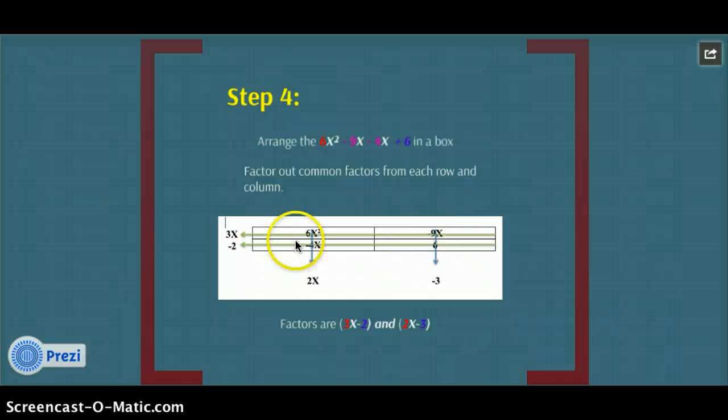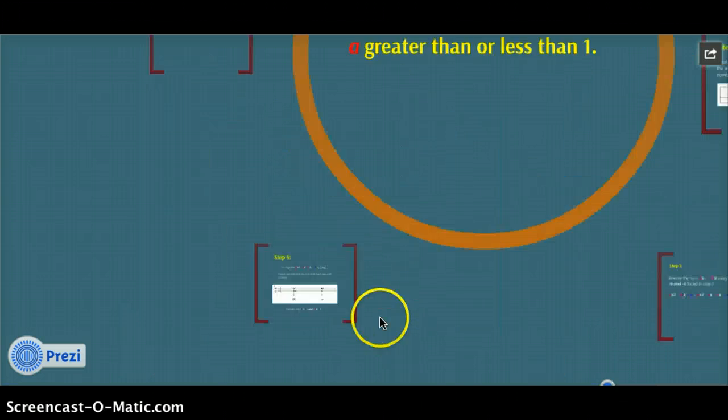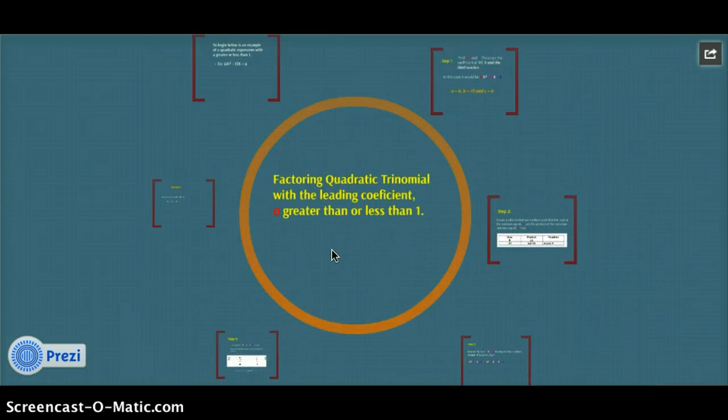So 6x squared and 9x you factor out a 3x, 9x and 6 you factor out a negative 3, and 6x squared and 4x you factor out a 2x, and then you take these factors and you form the two remainder factors. So 3x minus 2 as one factor and 2x minus 3 as your other factor, and that is how you factor an equation.